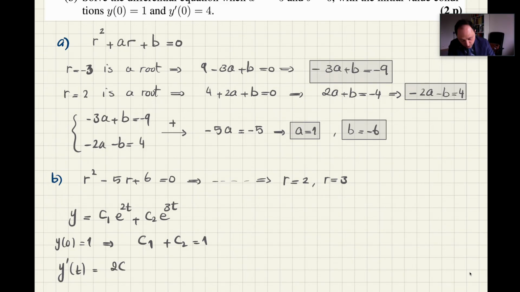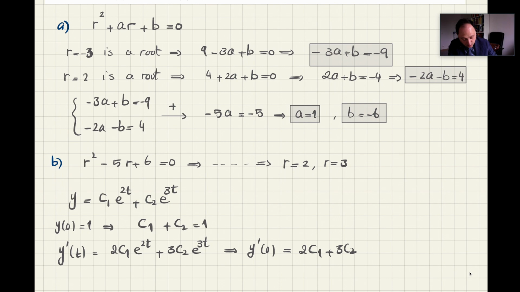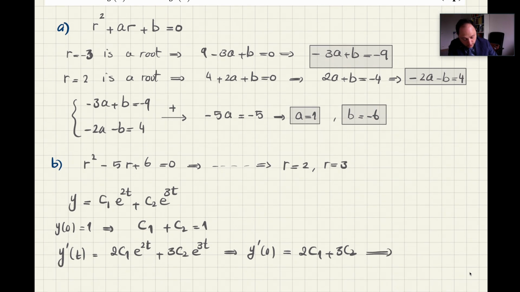So it becomes 2c1 e to the power 2t, and the other one becomes 3c2 e to the power 3t. And then you see that y prime of 0 is supposed to be 4. So I calculate y prime of 0, and it becomes 2c1 plus 3c2, and this is supposed to be equal to 4.